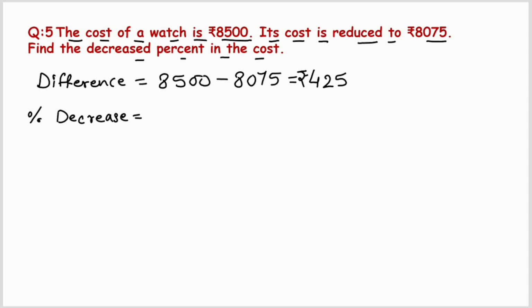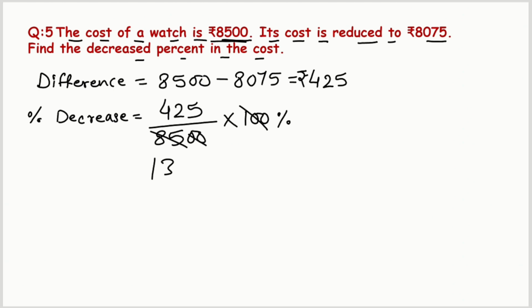And how will we calculate the percentage decrease? So 425 over 8,500, because it was the given price, times 100%. Now this 20 will be cancelled with these 20. 5 times 13 is 85. 5 times 85 is 425.